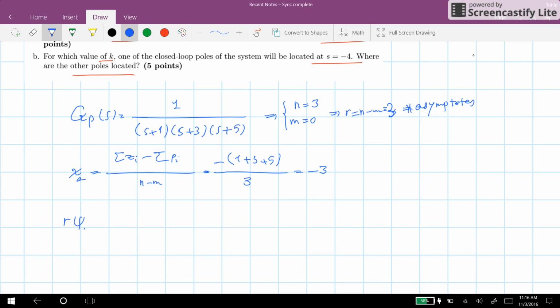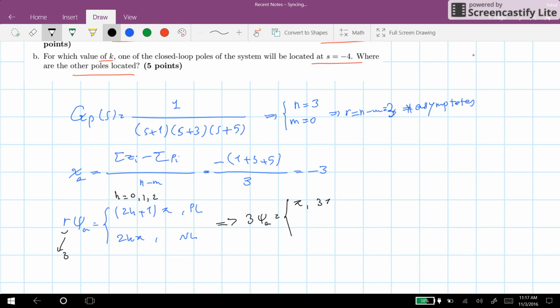And we have r times the angle θa given as (2h+1) times pi for the positive locus and 2h pi for the negative locus. Since r is equal to 3, we will have h equal to 0, 1, and 2. As a result, we will have 3 times θa equal to pi, 3 pi, 5 pi for the positive locus, and 0, 2 pi, 4 pi for the negative locus.